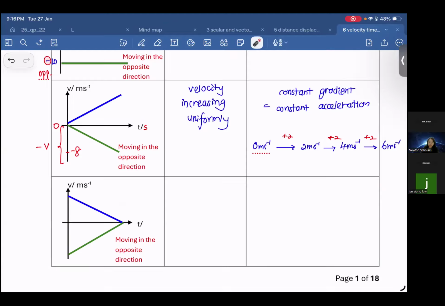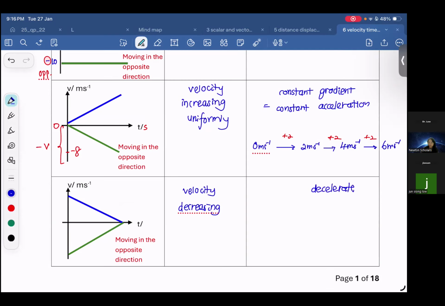What happened to your velocity? Tell me what happened to your velocity. Decreasing, yes. Velocity decreasing means that we decelerate. How it decelerates depends on your gradient.